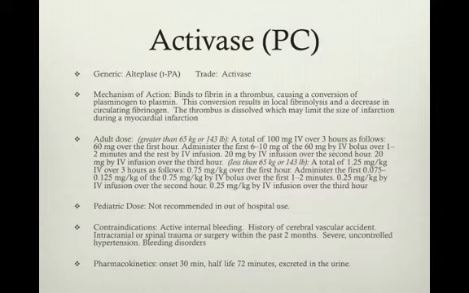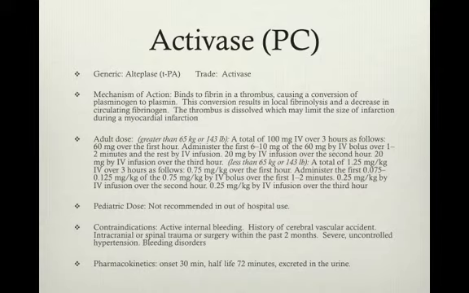Less than 65 kilograms or 143 pounds, a total of 1.25 milligrams per kilogram IV over 3 hours is followed. 0.75 the first hour. Administer 0.075 to 0.125 milligrams per kilogram of the 0.5 milligram per kilogram by IV bolus over the first 1 to 2 minutes. 0.125 milligrams per kilogram by IV infusion over the second hour, and then 0.25 milligrams per kilogram by IV infusion over the third hour.